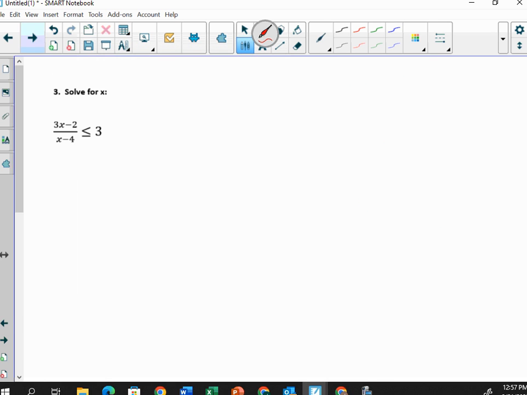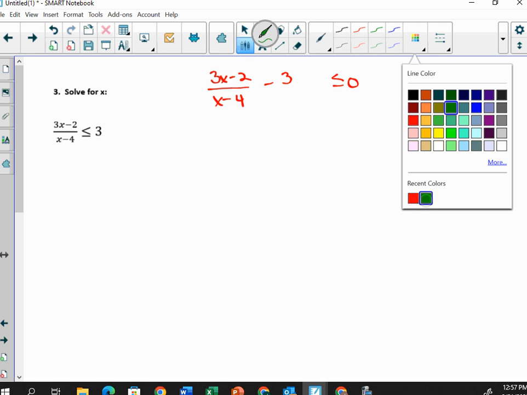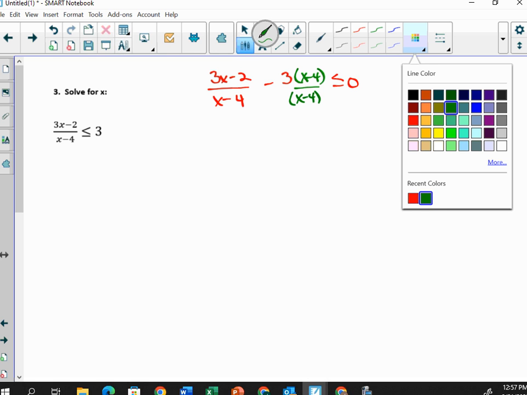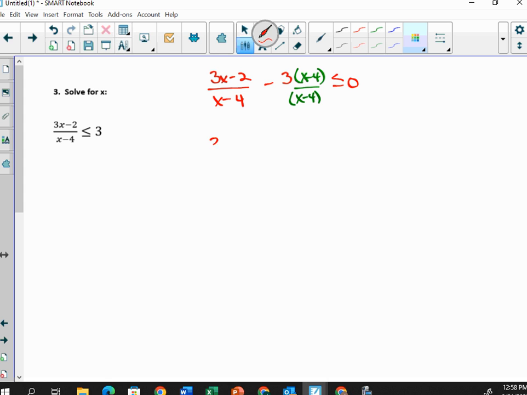Okay, let's look at the back. We need to bring that 3 over right away. And then I have the common denominator of x minus 4. You can simplify that numerator.